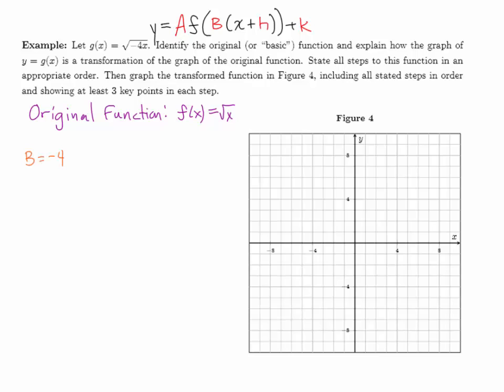So we're multiplying x by negative 4, which means that we're going to see a horizontal stretch or compression, and then we'll also see a reflection. So the first thing that we'll see, because of that negative, is that this graph is going to reflect across that vertical axis, or in this case the y-axis.